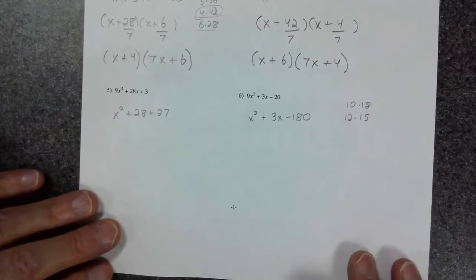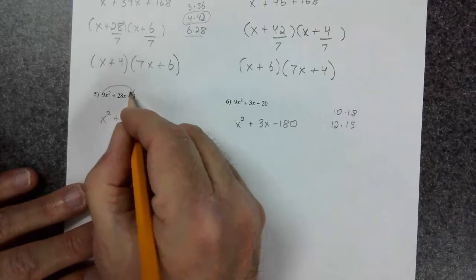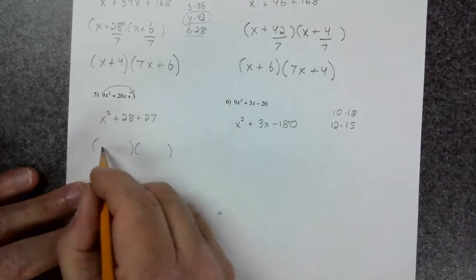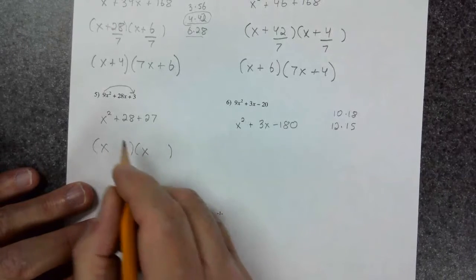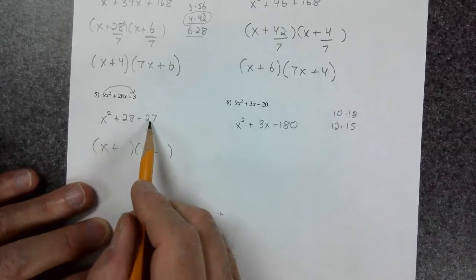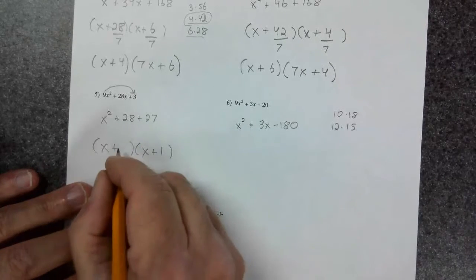All right, let's do these bottom two here. Again, slide back to 9. Get 27. Go straight for the answer. They're both plus. 27 plus 1 is 28, so 1 and 27.